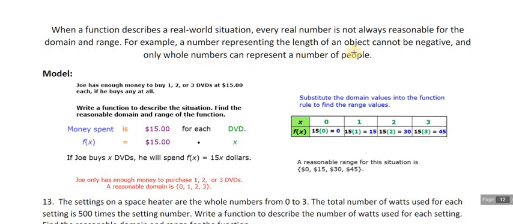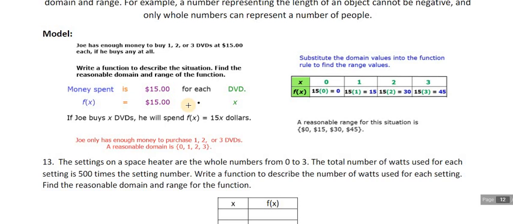Also, the length of an object can't be negative. So sometimes we need to use a little bit of logic. When we're only using whole numbers, perhaps we're dealing with a discrete situation, so we're not going to necessarily be connecting those points.